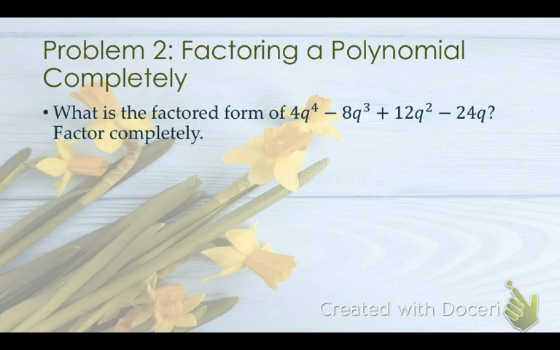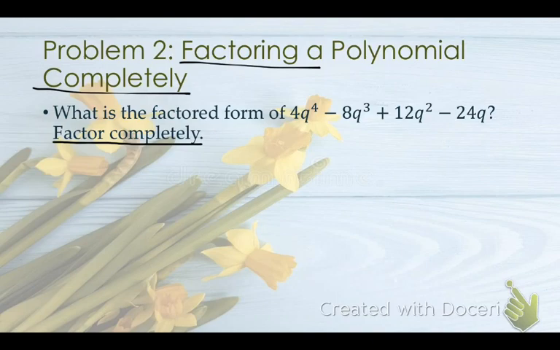Otherwise, let's continue on to problem number 2. When we see problem number 2, one of the first things I would like to point out is that it says factoring completely, in the heading and in the directions for this problem specifically. When it says factor completely, that means we want to have nothing left unfactored.